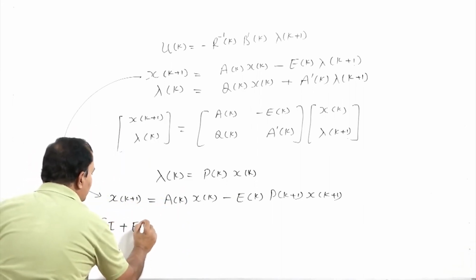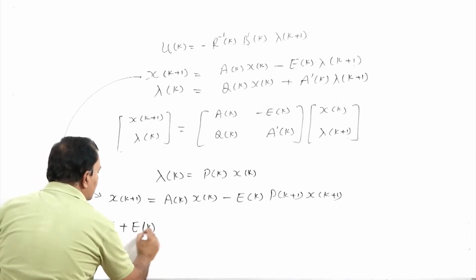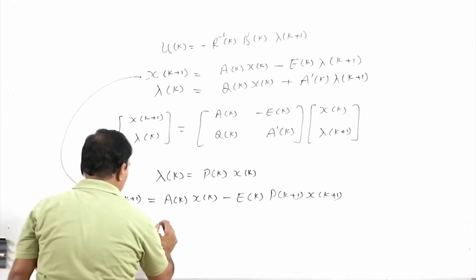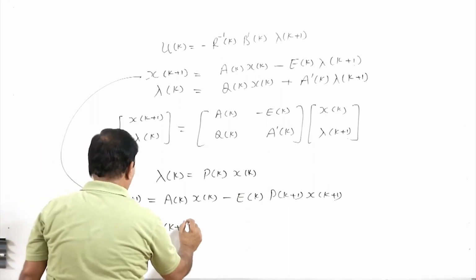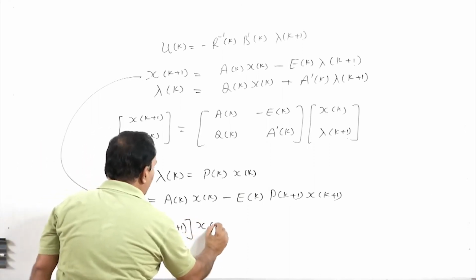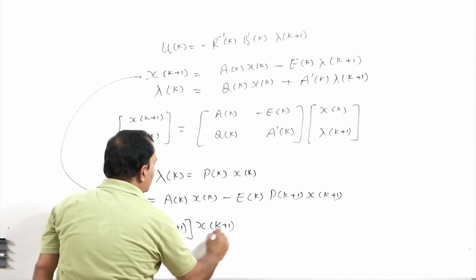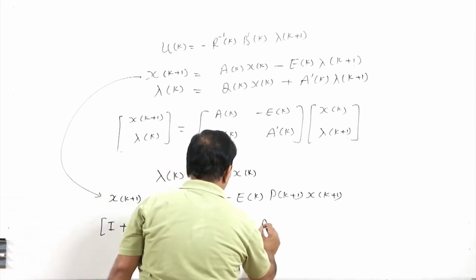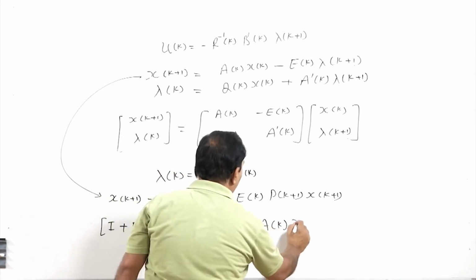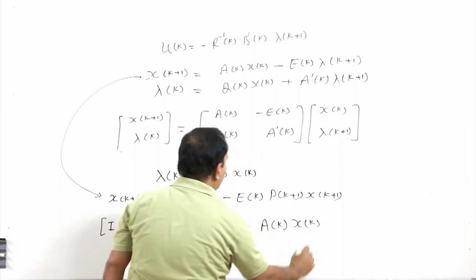I plus E k P k plus 1 x of k plus 1 equals A k x k.